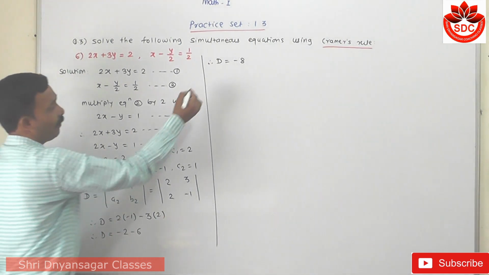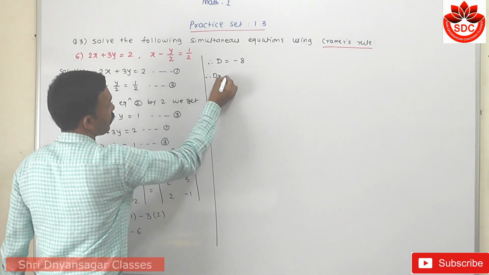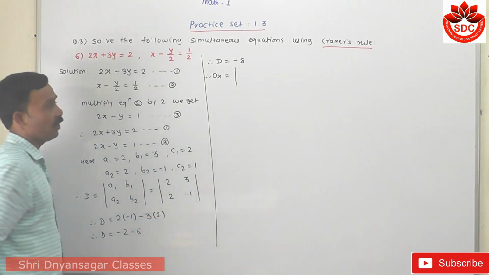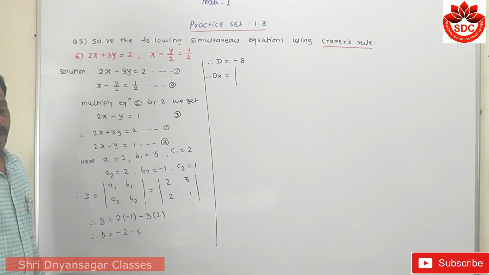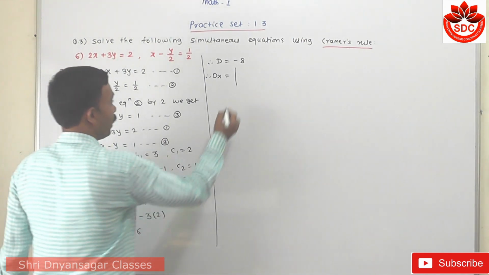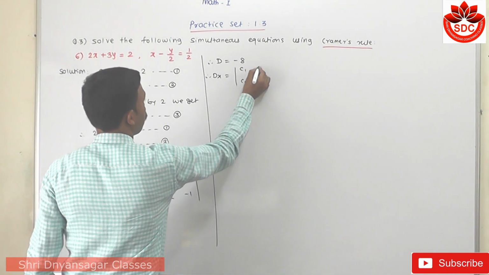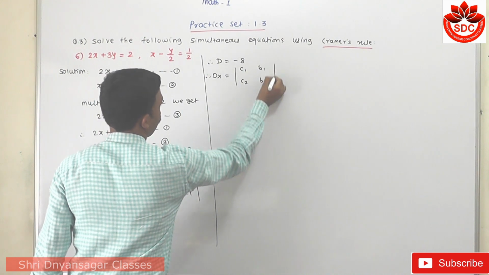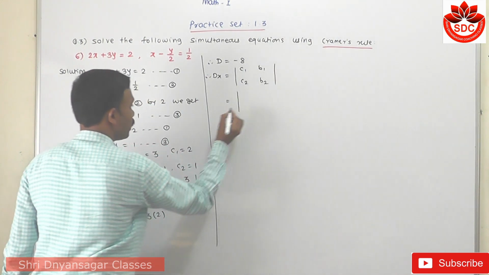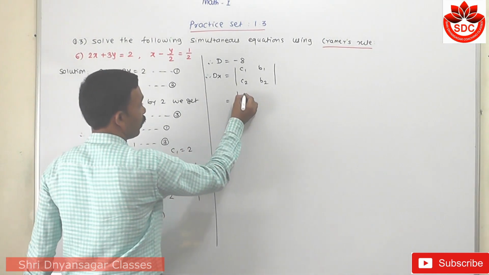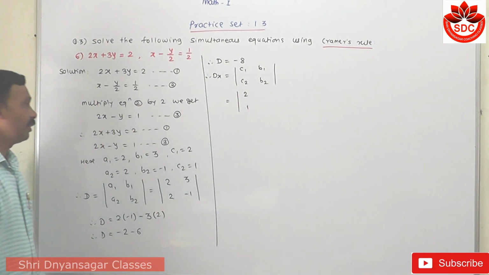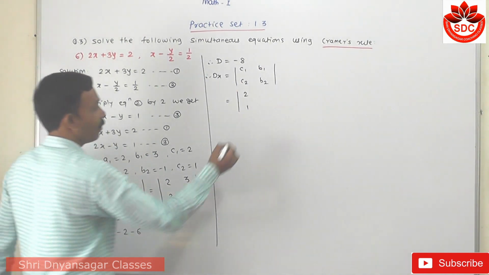Then we can find out the value of determinant x. We know the formula for determinant x, we have to replace a1 a2 by c1 c2, so that here I will write c1 c2 b1 b2. Then substitute the values of these c1 and c2. Now here c1 is 2 and c2 is 1, and b1 and b2 is 3 and minus 1.